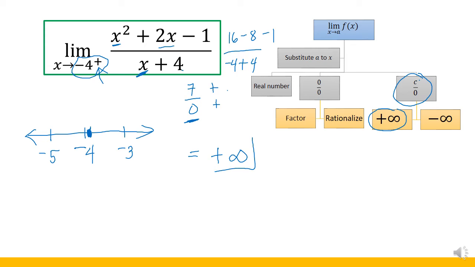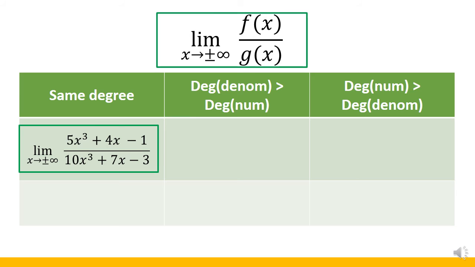So this is the answer to our limit here that takes into consideration the behavior of this rational function as x approaches negative 4 from the right. Now let's see if we're given this one: the limit of function f of x over g of x as x approaches positive or negative infinity.